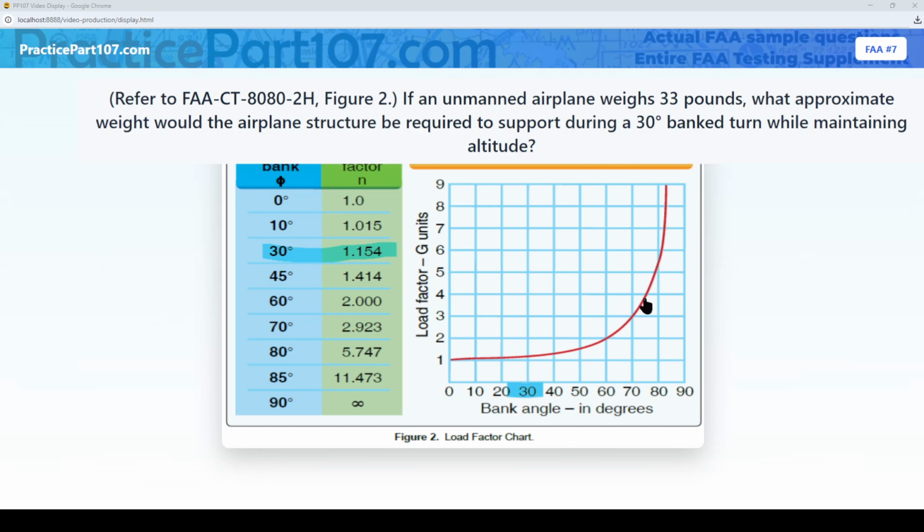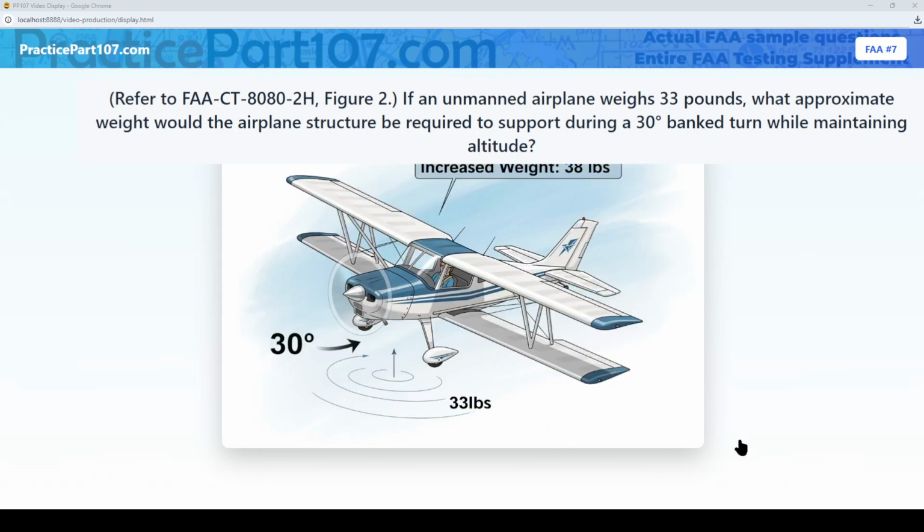So you can see how this ends up having a lot more force as the aircraft is banking. Why does it matter? Because the airplane structure has to be able to carry the weight. So how much weight is it when you're in a 30-degree bank? Well, the answer is 38 pounds.